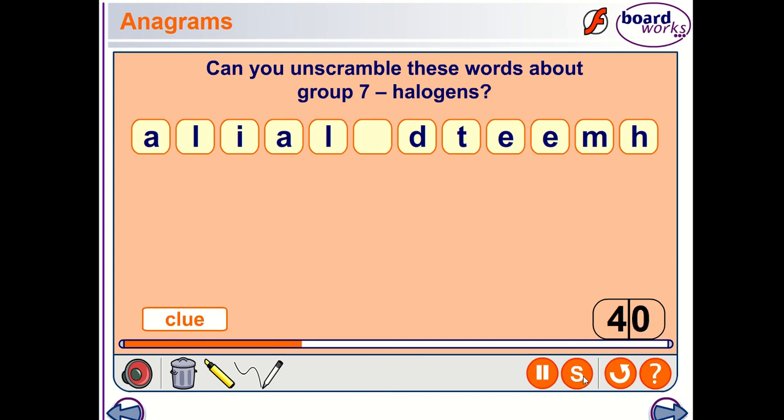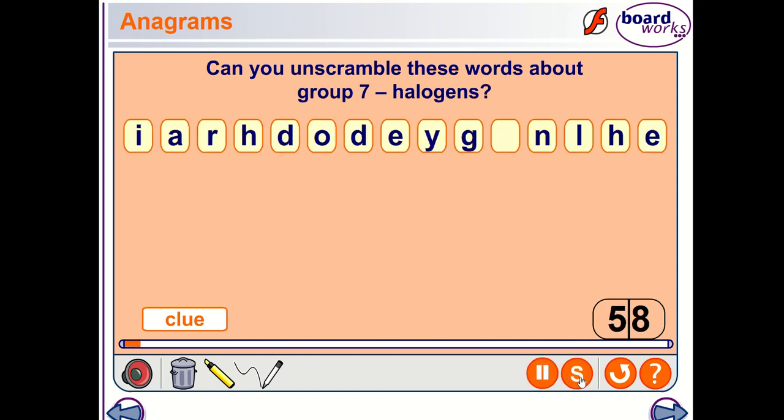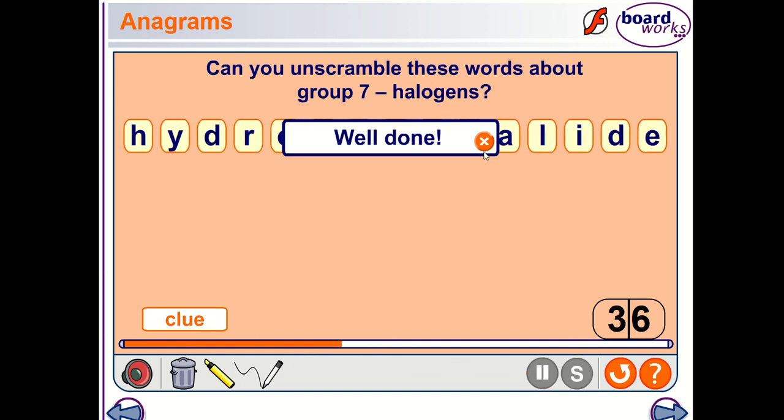Pause it if you still haven't got it. Again, pause it if you haven't quite got it yet. I'll give you the answer now. Hydrogen halide it is. Well done.